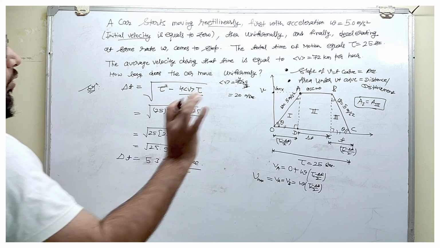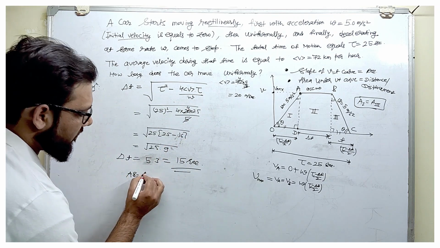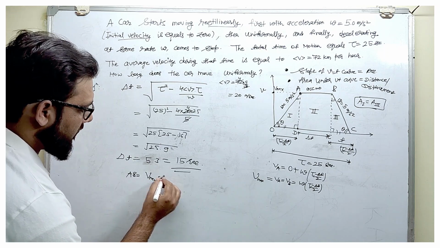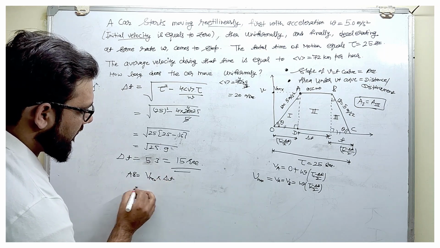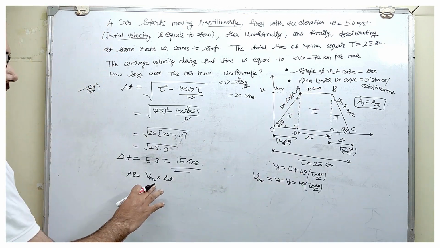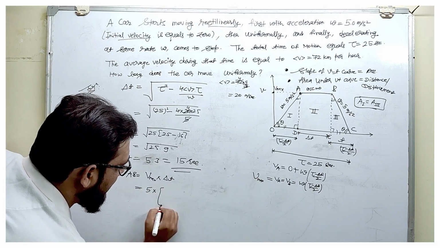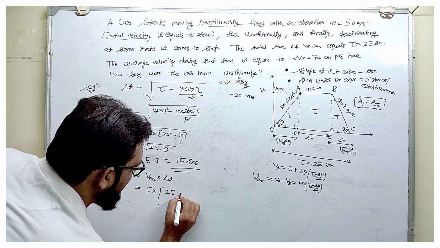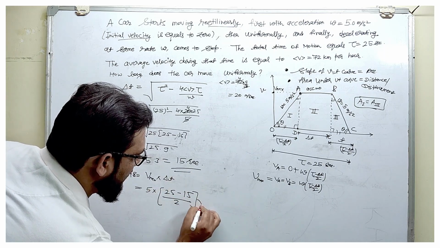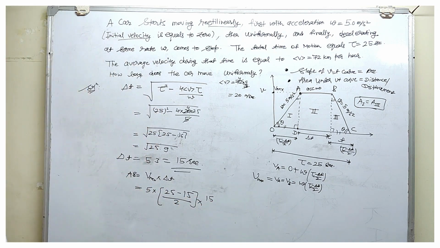So the distance AB will be the maximum velocity into time, and the time will be delta t, or we can say the area of this rectangle. Vmax, we know omega is 5, and the total time is 25 minus delta t, that is 15, divided by 2, into again delta t, that will be 15.